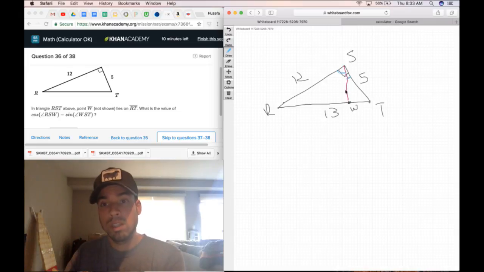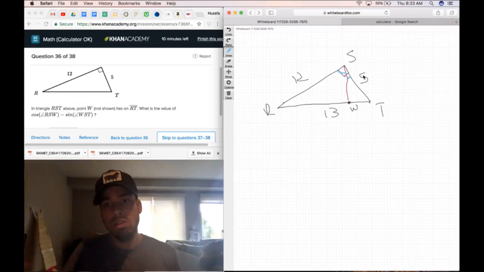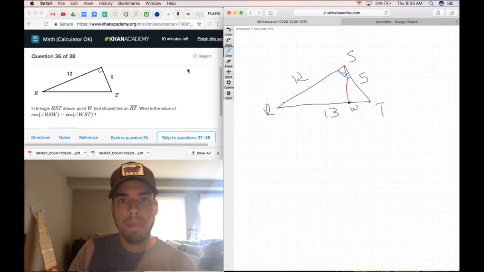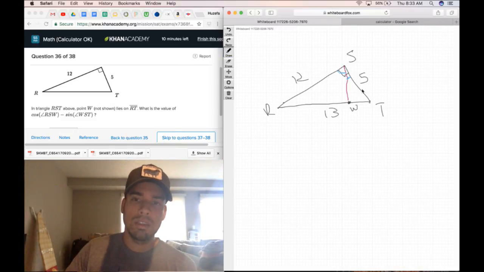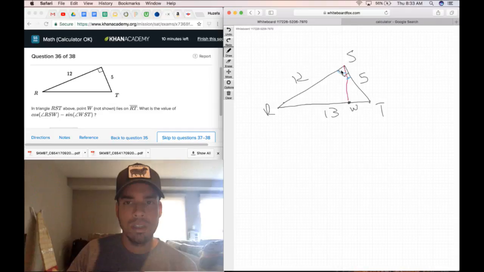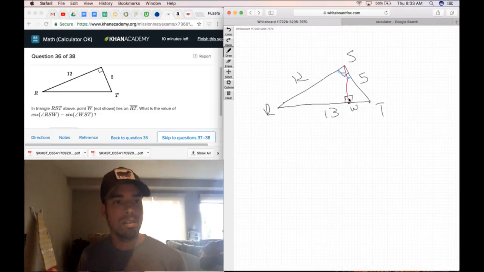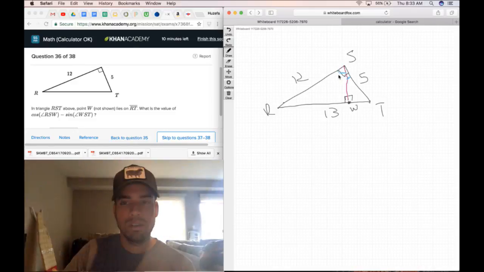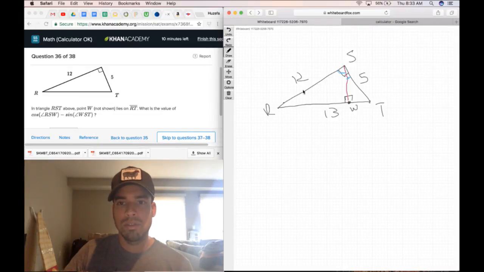well, let's assume that this makes a right triangle. I don't know exactly how they want us to do this, so I'm gonna kind of make a guess here. Let's pretend this is a right angle, just for the sake of pretend. I feel like that's gonna work out. RSW, and we want cosine of this. So cosine is adjacent over hypotenuse. This would be the hypotenuse.